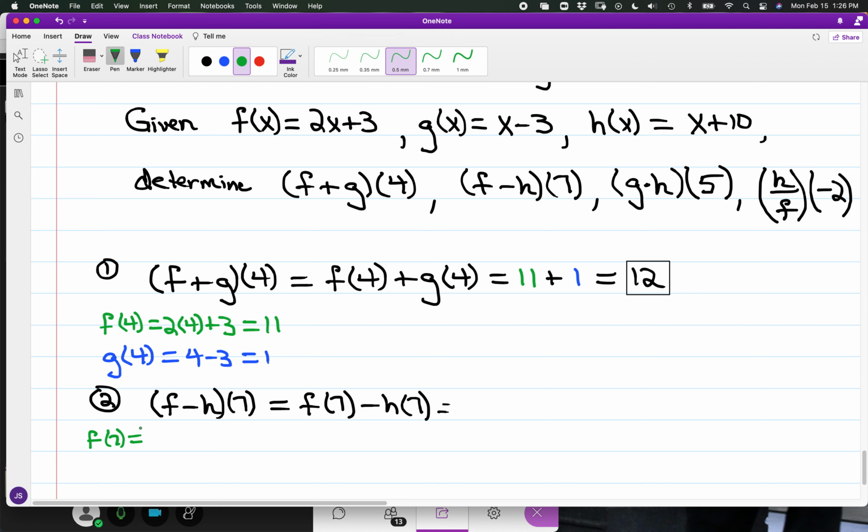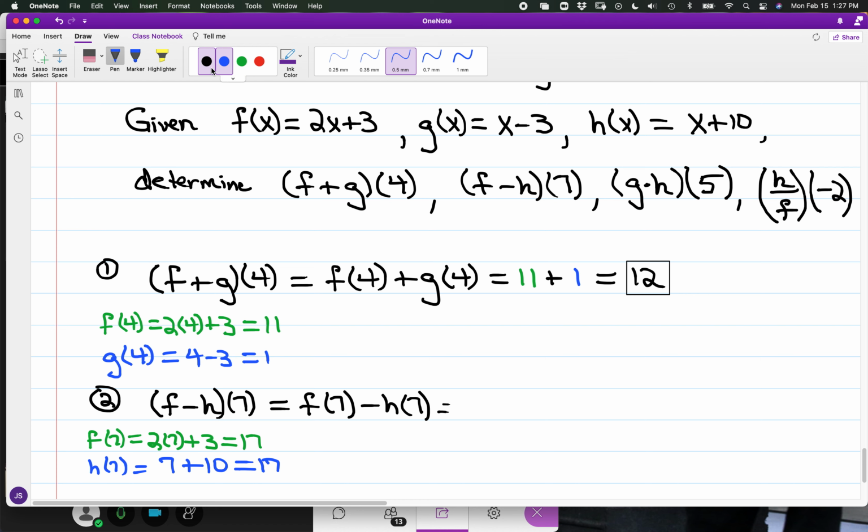Okay, so again, we're working with f of x, and with x at 7, so you have 2 times 7, which is 14. 14 plus 3 is 17. For h of 7, guess what? We have 7 plus 10. 7 plus 10 is equal also to 17.